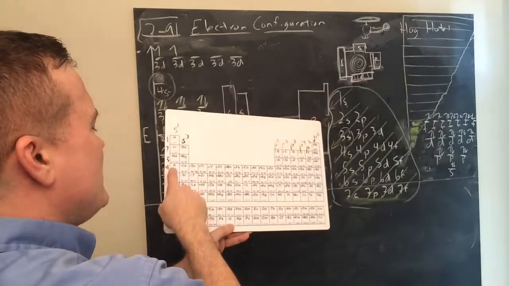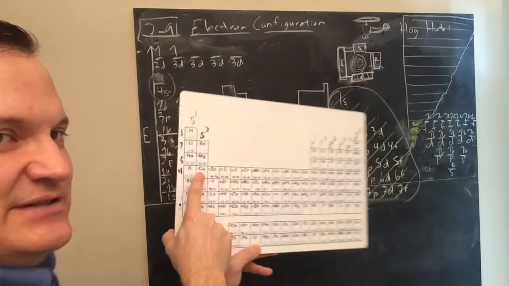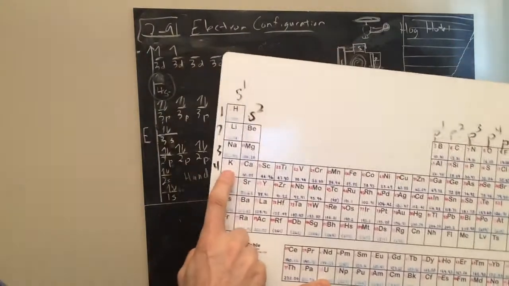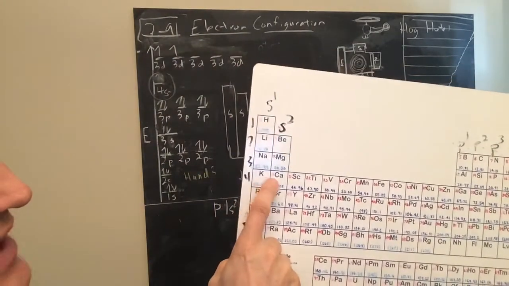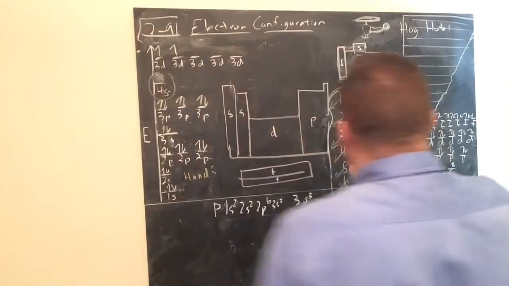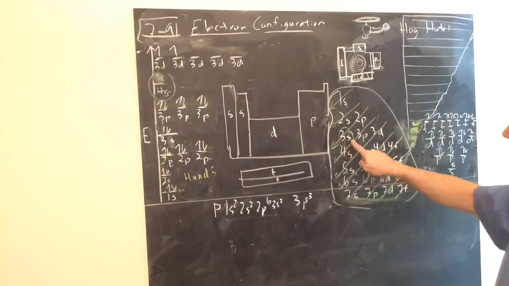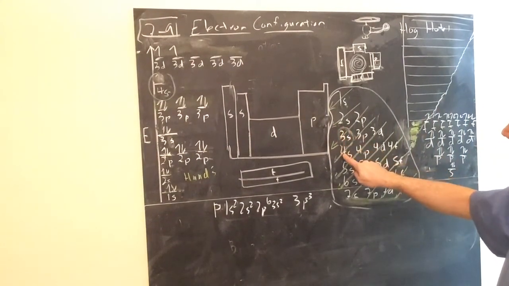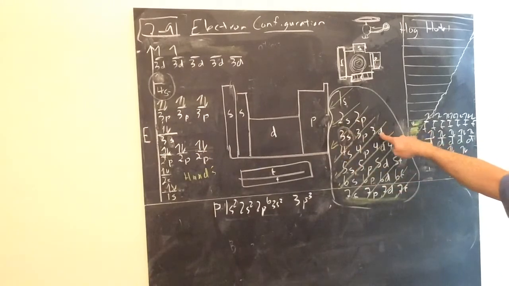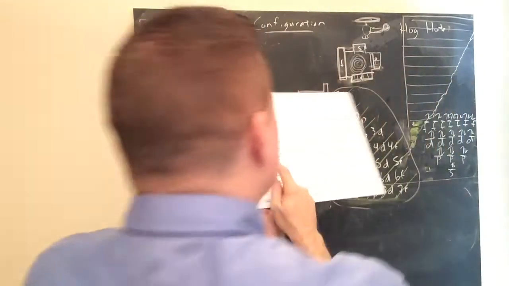Then comes 4s1, 4s2. Now here's a neat thing, I didn't tell you this yet. After 4s1, 4s2, what does it tell you over here? What happens next? After 4s1 and 4s2, then you go to 3d. And that's why these are the D blocks.